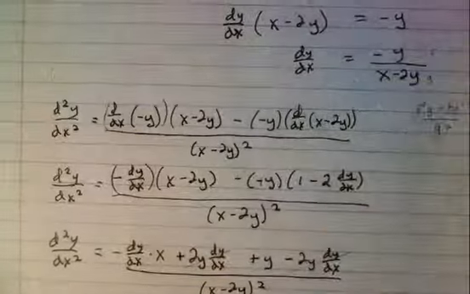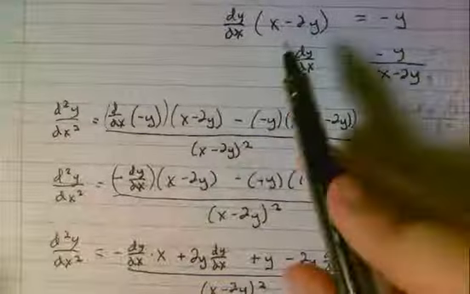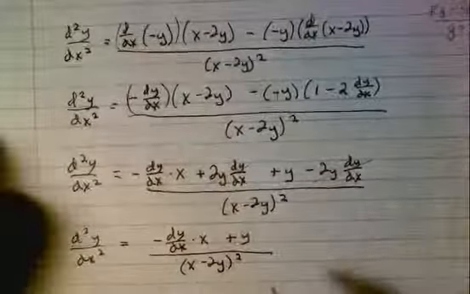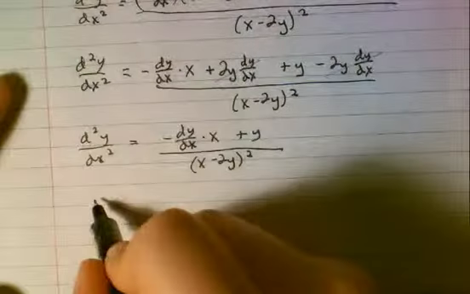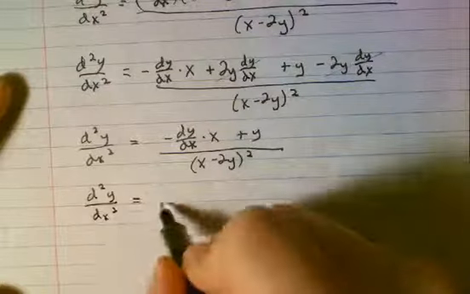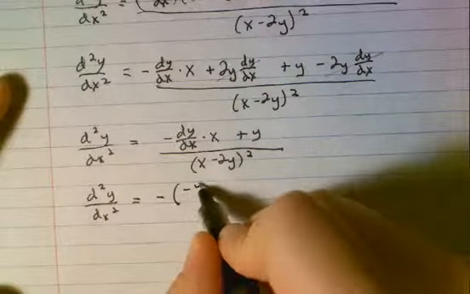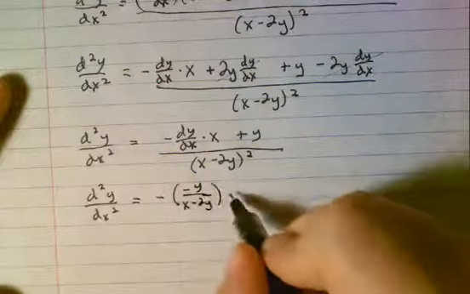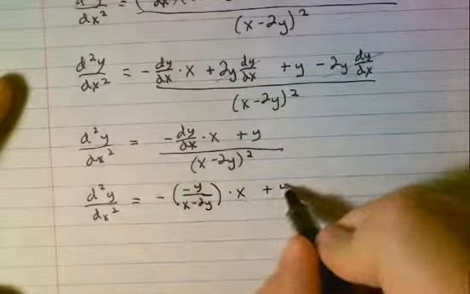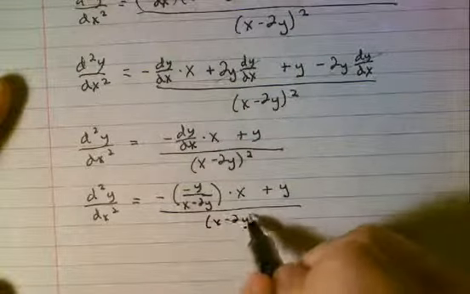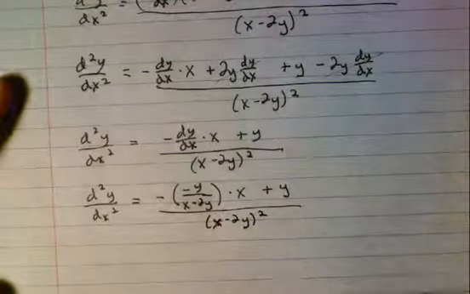And remember, we can go back and pick up what our dy/dx was up here, put that back in down here for this negative dy/dx. Second derivative equals negative, see, that was negative y over x minus 2y, multiply by x, add y, all over x minus 2y squared.